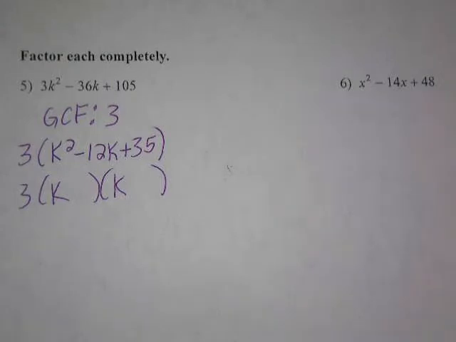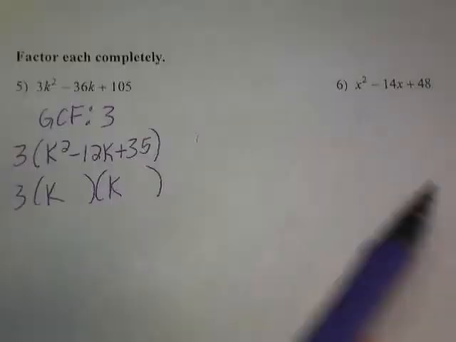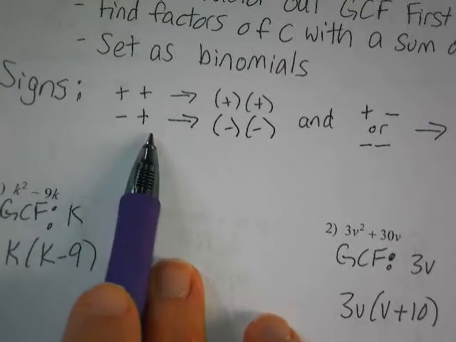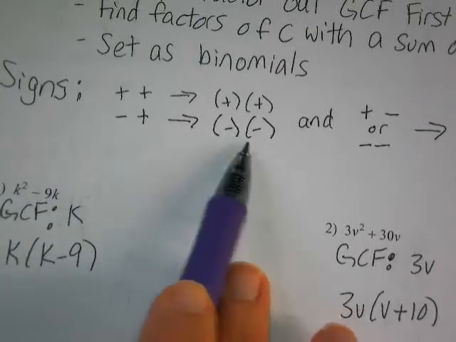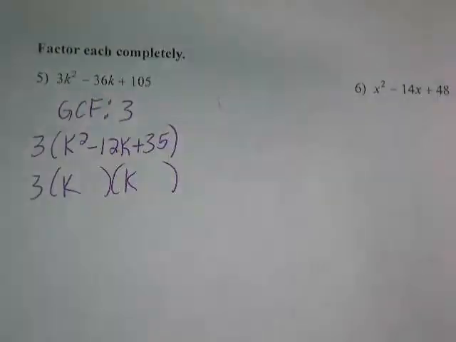So we're looking for factors of 35 that add to negative 12. If you look back on your notes, we've got a negative and a positive. When you have a negative first and a positive, you have two negative binomials.